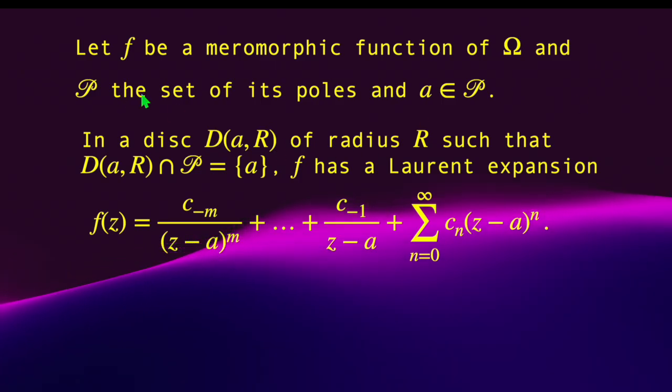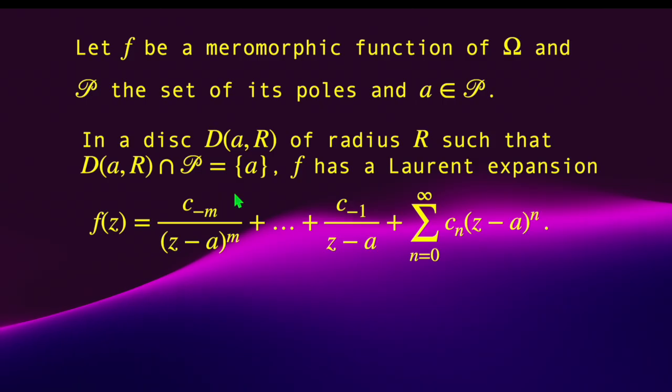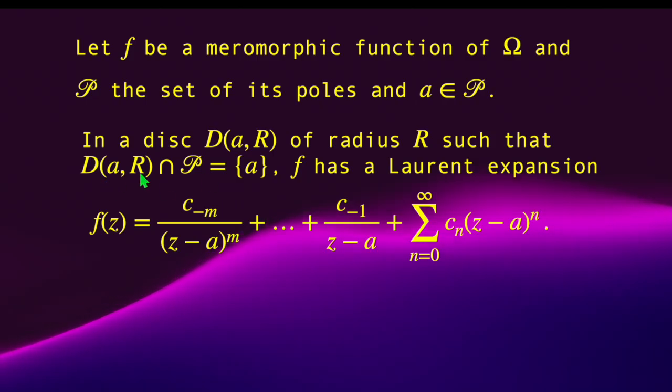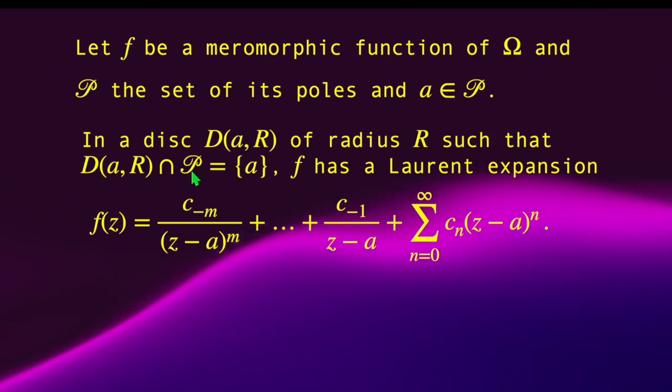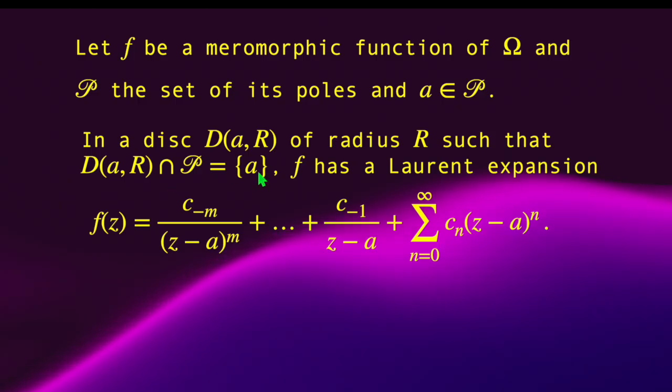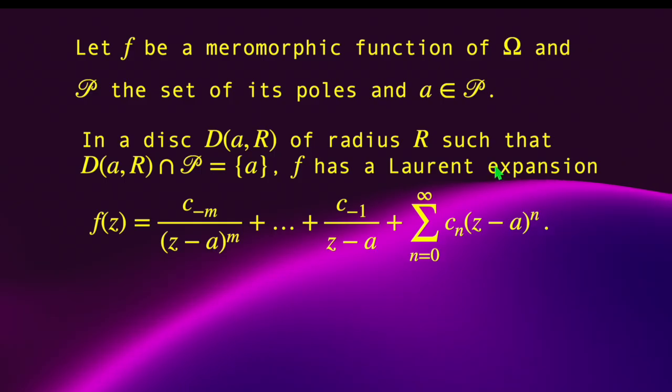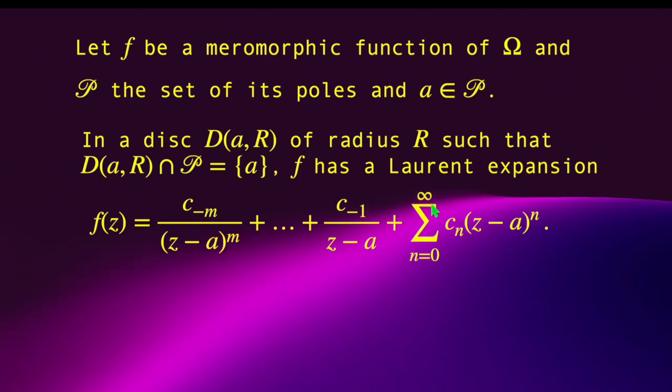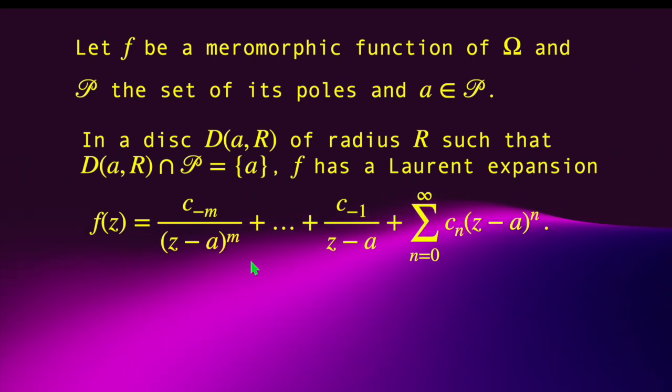So if you take a singularity, a point, and a disk near this point, then f has a Laurent expansion. This Laurent expansion has this form. You have this regular part, and the singularity is given by this formula.